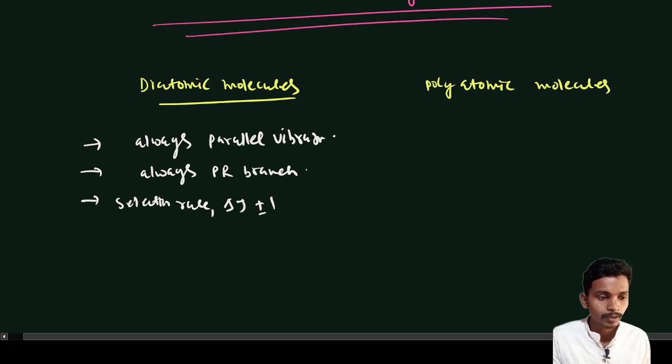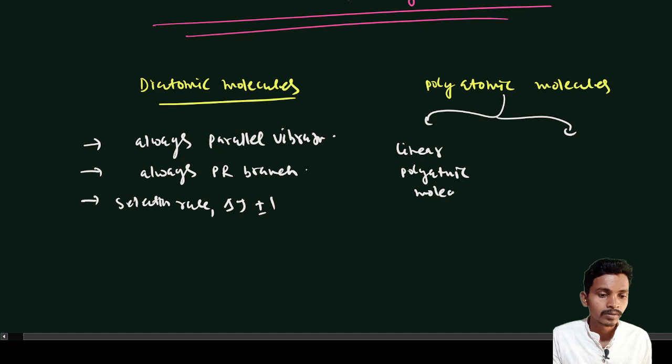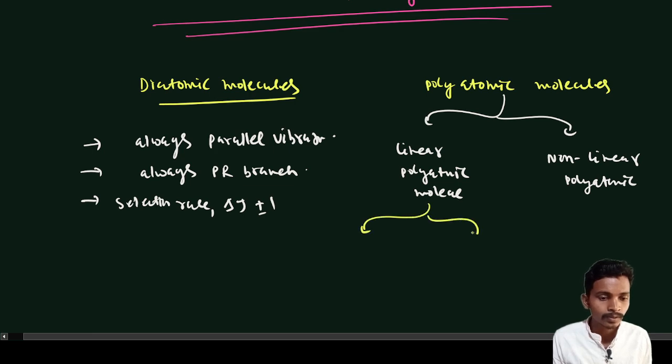For polyatomic molecules, I can categorize them into linear polyatomic molecules and non-linear polyatomic molecules. For linear polyatomic molecules, two are possible: one is the PR branch, another is the PQR branch.